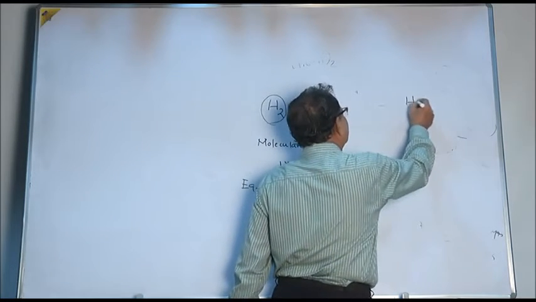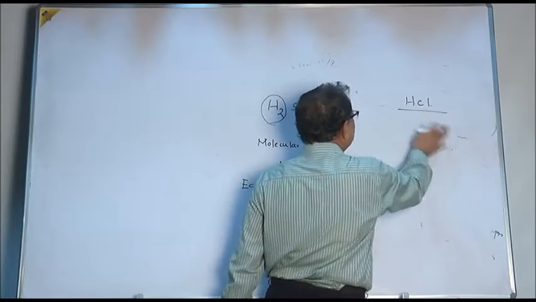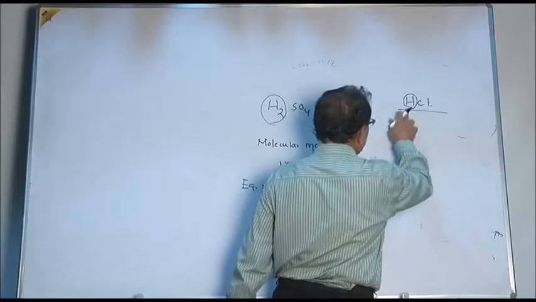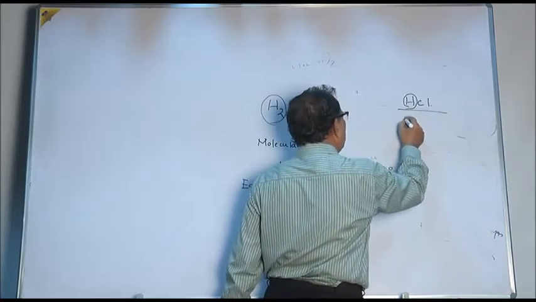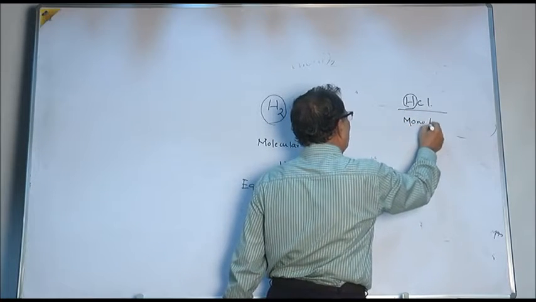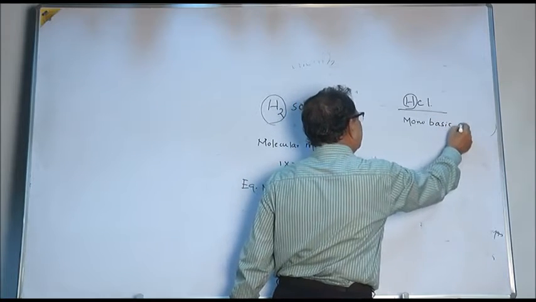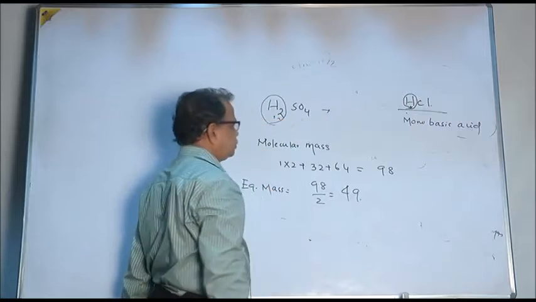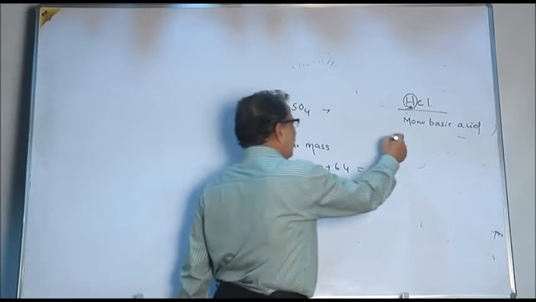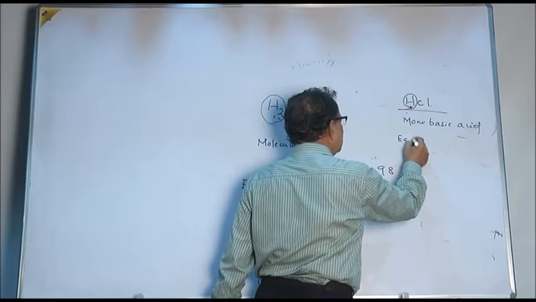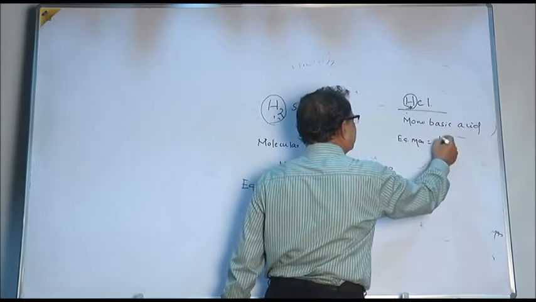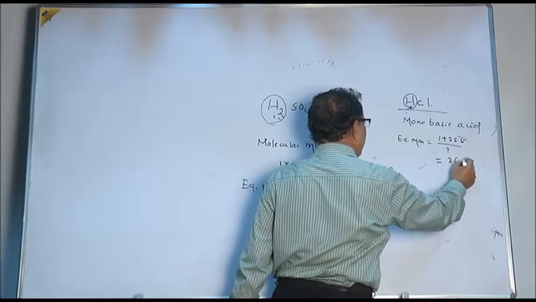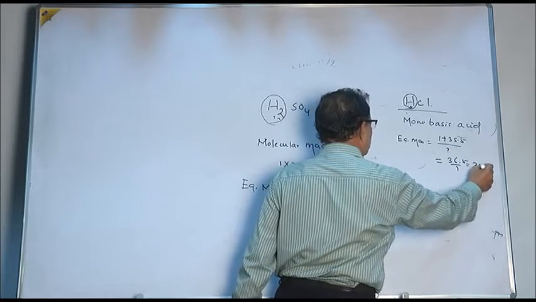Similarly for HCl, the molecular mass is the same as the equivalent mass because it contains one replaceable hydrogen atom. Here basicity is 1, so it is a monobasic acid. A dibasic acid contains 2 H. So the equivalent mass of HCl is 1 plus 35.5 by 1, that is 36.5.